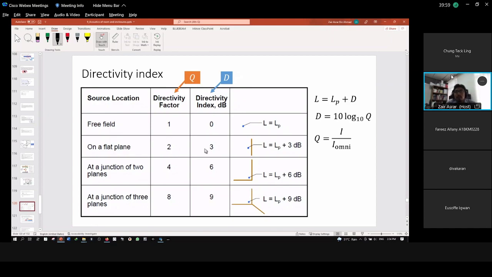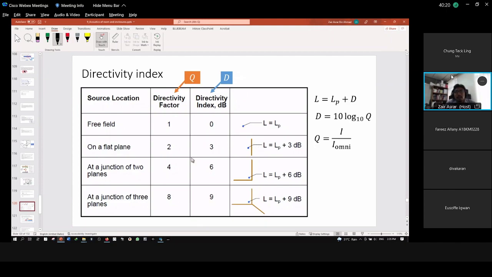So the sound pressure level is equal to the sound pressure level of the sound source in free field, Lp, plus D, in this case plus 3 dB. So the sound pressure level will increase by 3 dB due to the reflection of the flat plate.